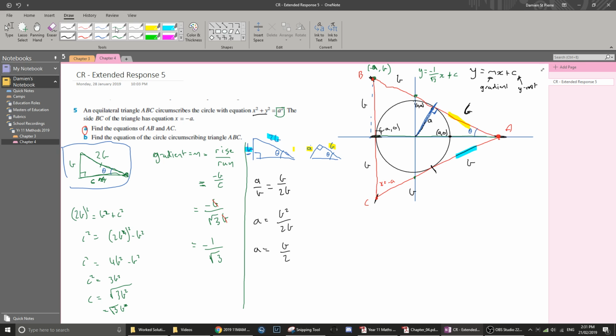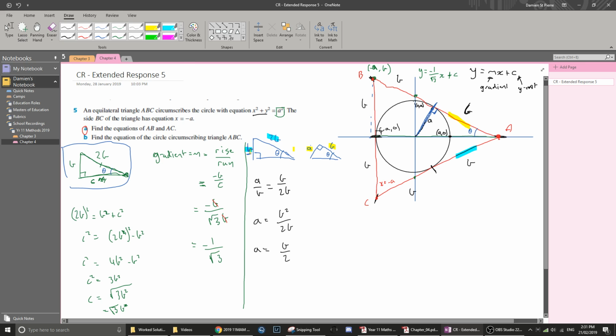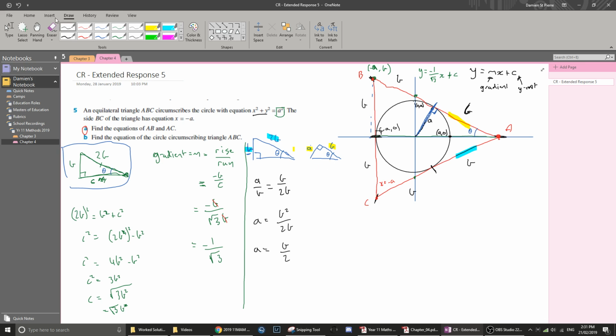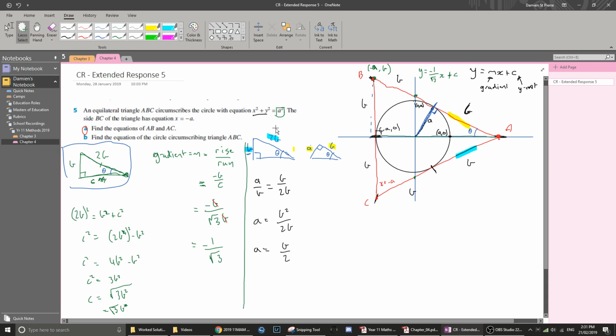Yes, I knew I made a mistake. So to highlight the mistake, I did short side divided by hypotenuse, and this is short side divided by the base, not the hypotenuse. So that's where my mistake is. I knew I needed a root 3 in here. So I'm just going to delete some stuff. Delete that.